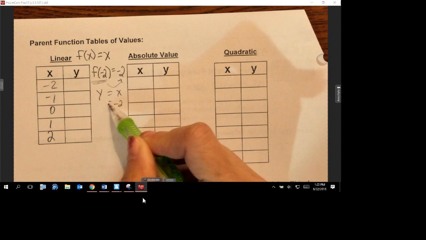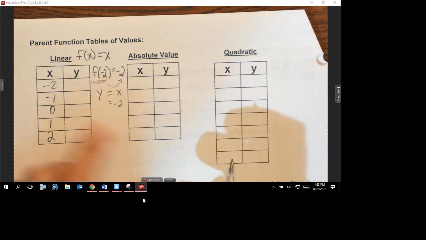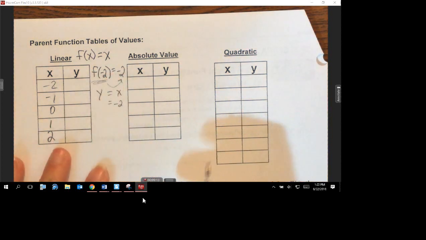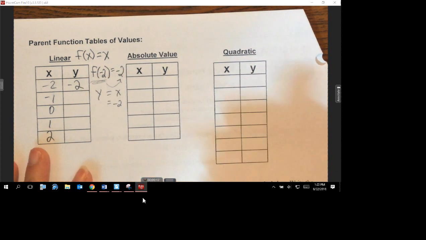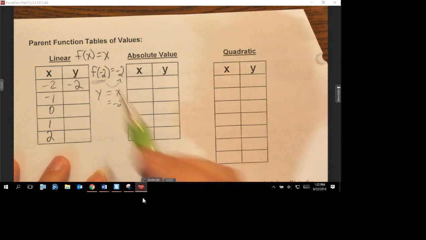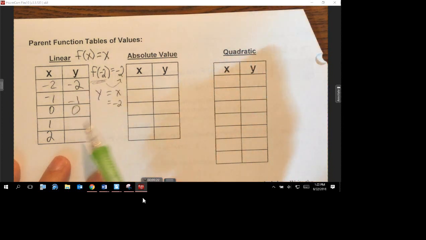If x is -2, what's y? Yeah, so that's a fancier way of saying what I just said. If x is -2, y is -2. So if x is -1, what is y? -1, 0, 1, 2. This is the parent function. They have the same numbers for linear.